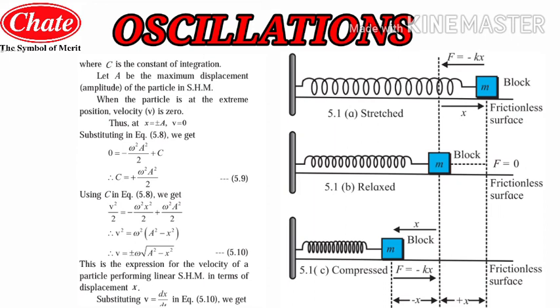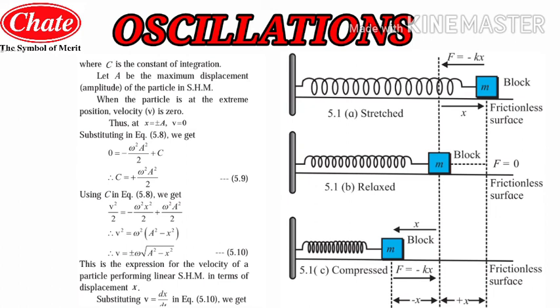Now we use the value of c in the previous equation. The equation will become v square upon 2 is equal to minus omega square x square upon 2 plus omega square into a square by 2, which we have put in this equation.